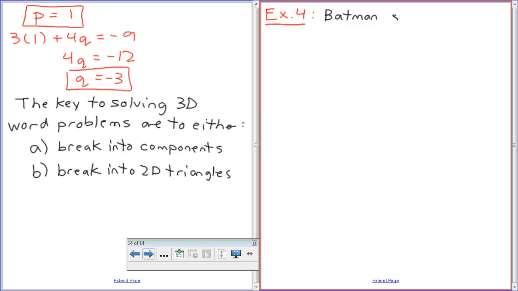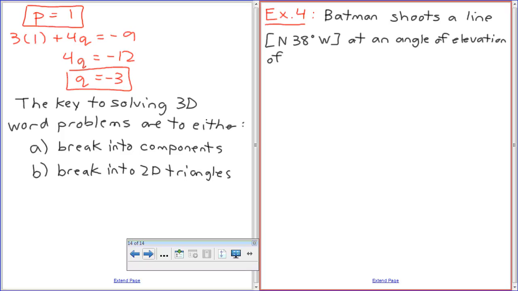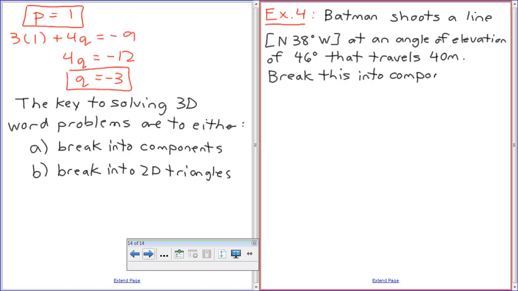Fine. Okay, let's just start with the components question here.